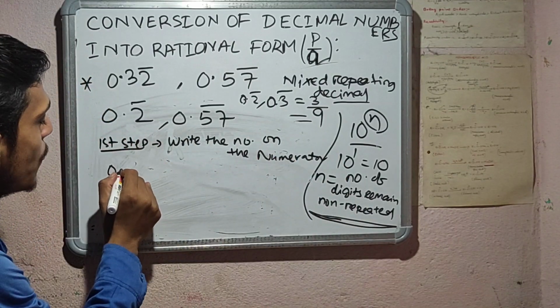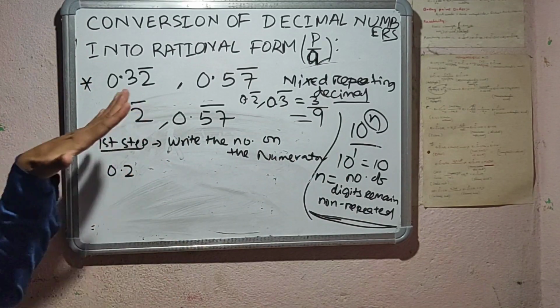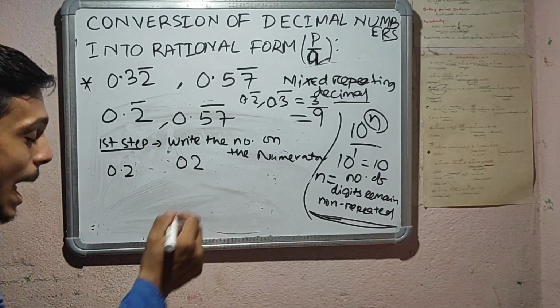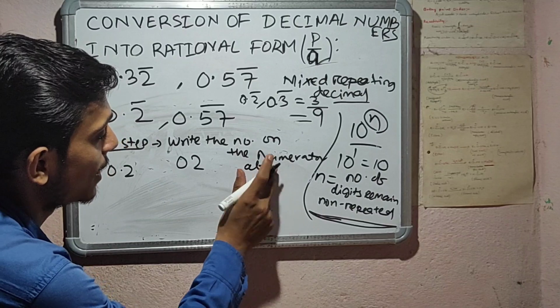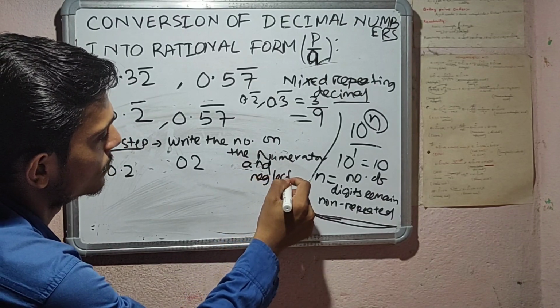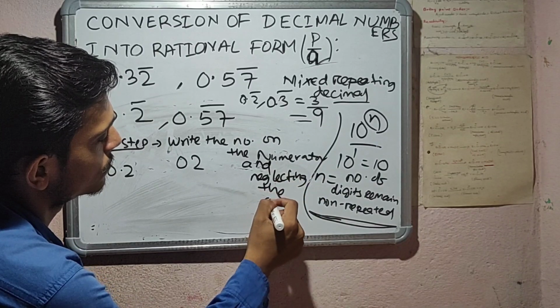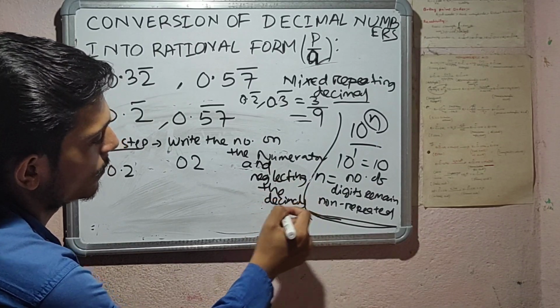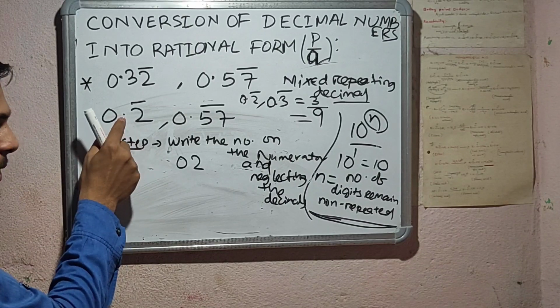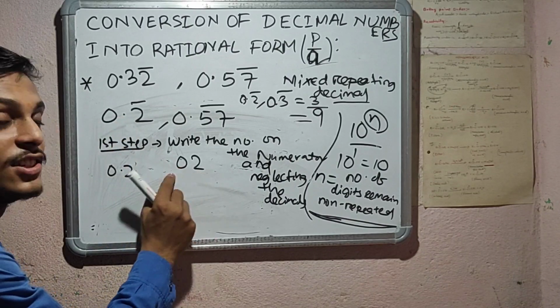What is the number? 0.2, neglecting the bar. You neglect the decimal point, so you just write 2.